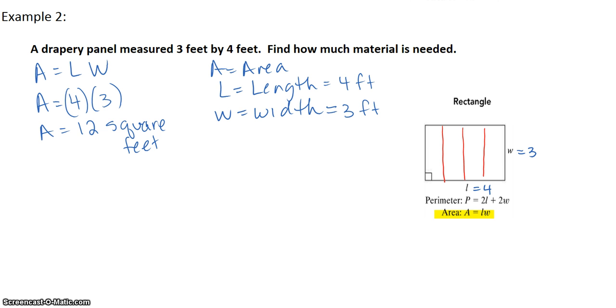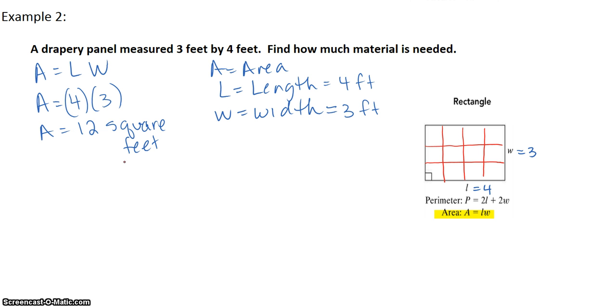And then I'll do the same thing for the width. 1, 2, 3. So that would be 3 feet there. And it's asking how many unit squares, how many squares are 1 foot by 1 foot. So there's 1, 2, 3, 4, 5, 6, 7, 8, 9, 10, 11, 12. There's 12 of them. That's why we multiply 12 square feet.